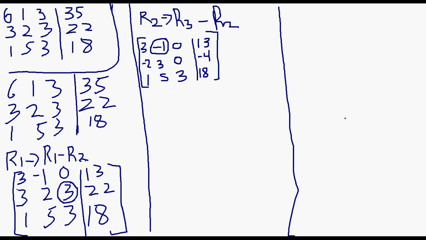Let's do 3 times row 1. Okay. I'm writing. This is wrong. Continue. Minus. So it says 3 times row 1.